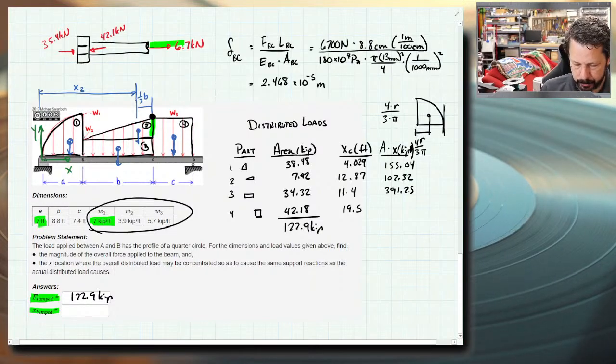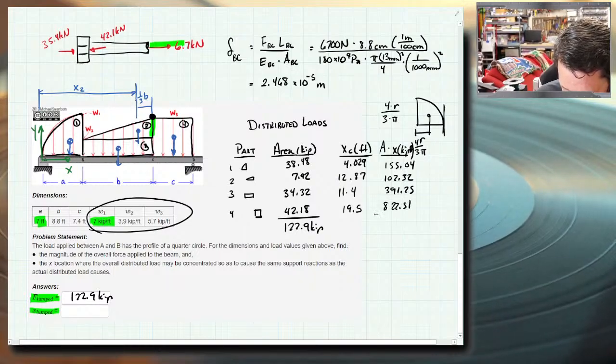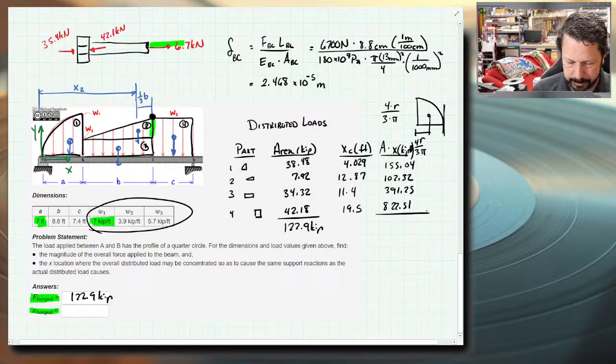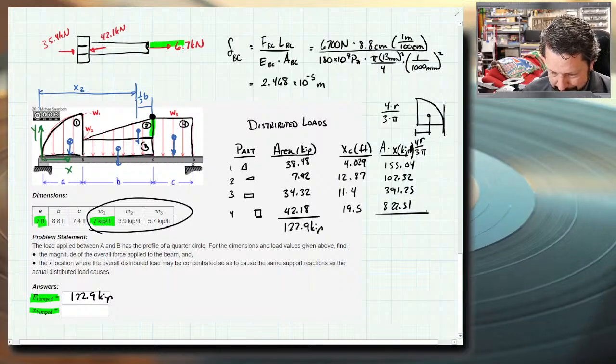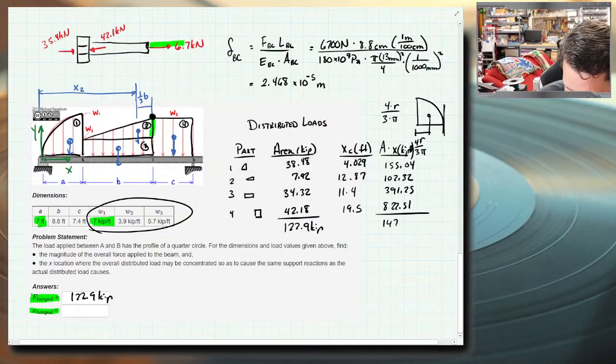And 42.18 times 19.5. Then we need to sum all of that together. So 822 plus 391.25 plus 102.32 plus 155.04, 1471.12 kip feet.